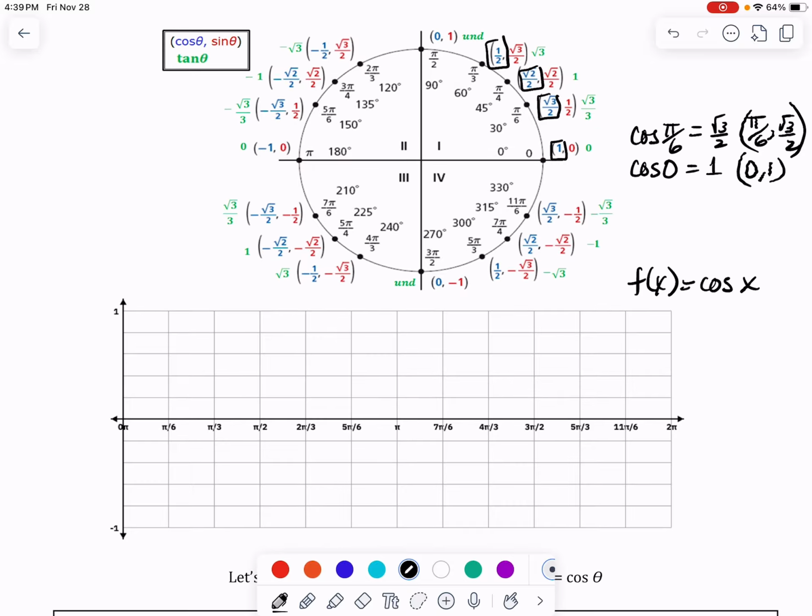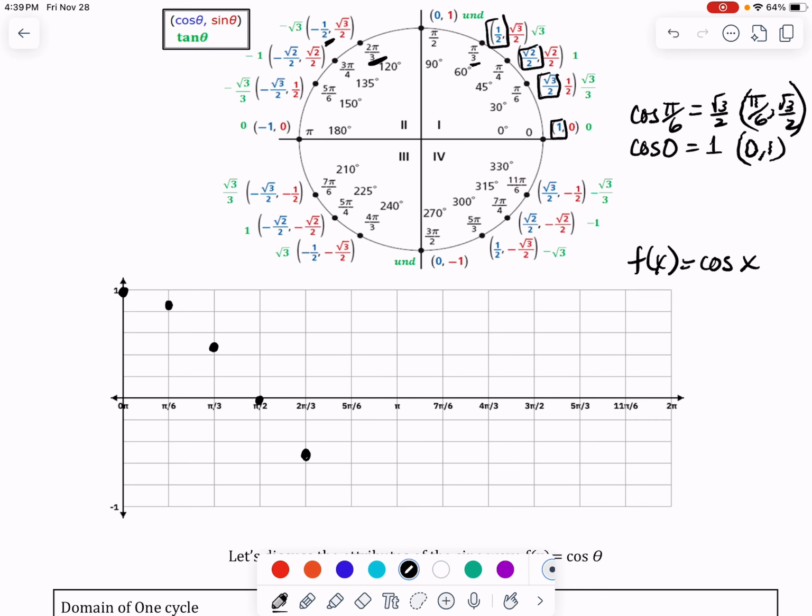Let's start sketching them. For 0, the cosine value is 1. For pi over 6, 0.866. For pi over 3, cosine is half, right here. At pi over 2, cosine reaches 0. At 2 pi over 3, cosine reaches negative half. At 3 pi over 4, cosine is at negative root 2 over 2.